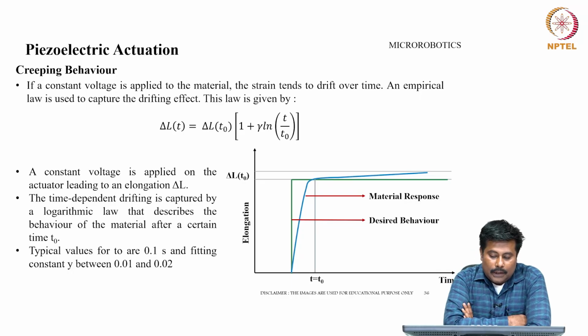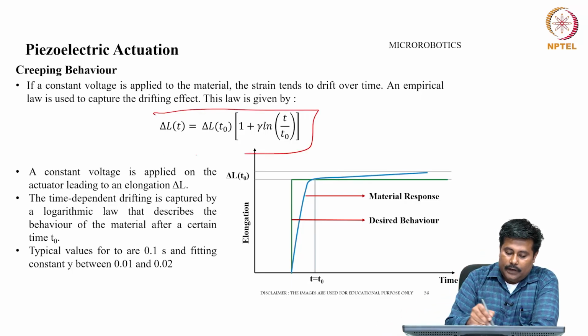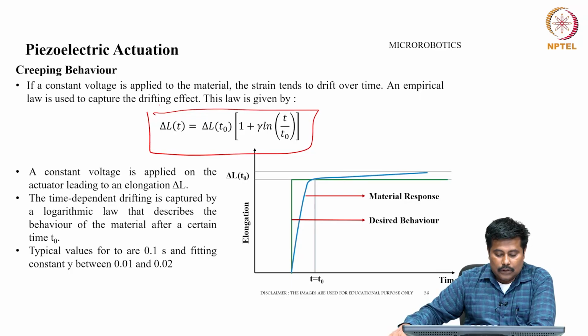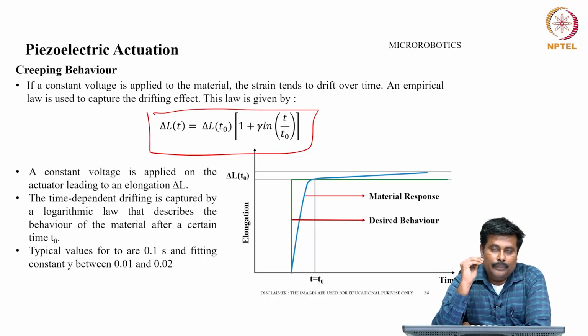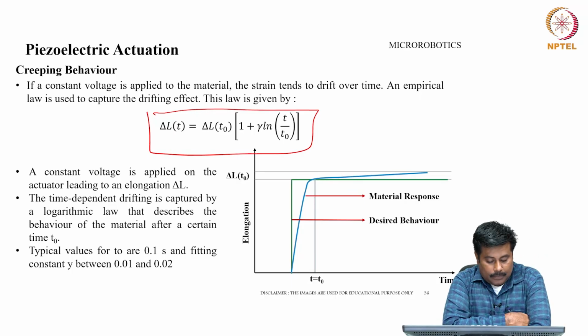The key parameters involved are: a constant voltage is applied on the actuator, leading to an elongation of delta L. The time dependent drifting is captured by a logarithmic law that describes the behavior of the material after a certain time t0, and typical values for t0 are 0.1 seconds and the fitting constant gamma between 0.01 and 0.02.